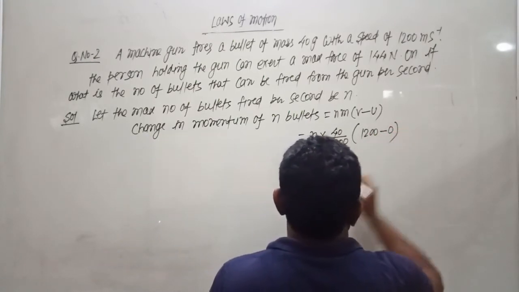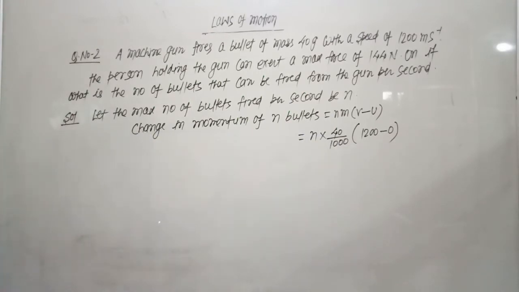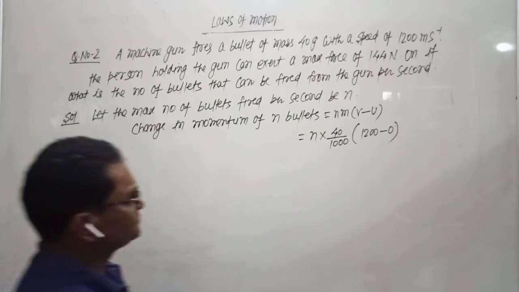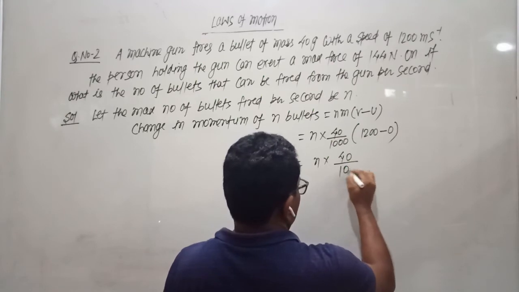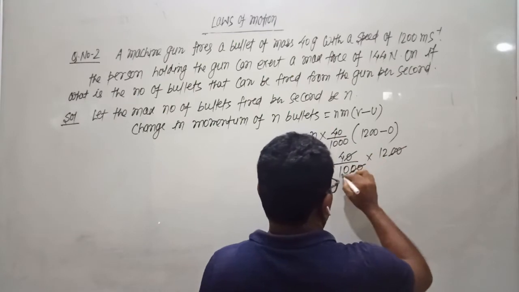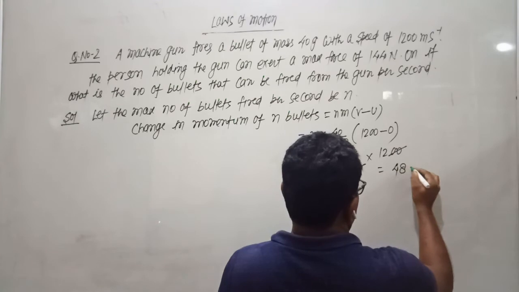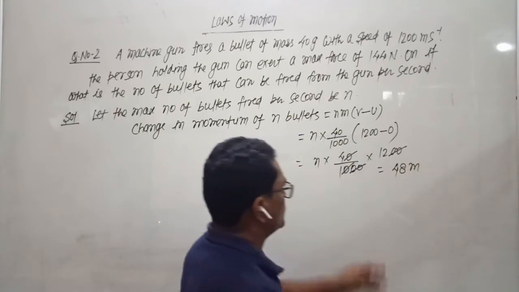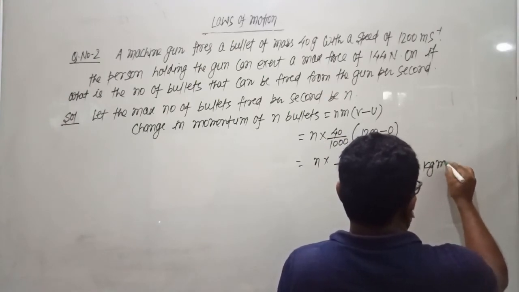So n into 40 upon 1000 into 1200 minus 0, which is n into 40 upon 1000 into 1200. Two zeros get cancelled, 12 into 4, 48 n, and its unit of mass is kg, and unit of velocity is meter per second.